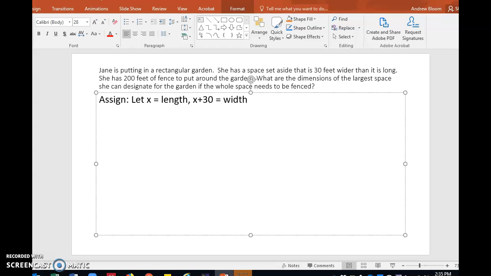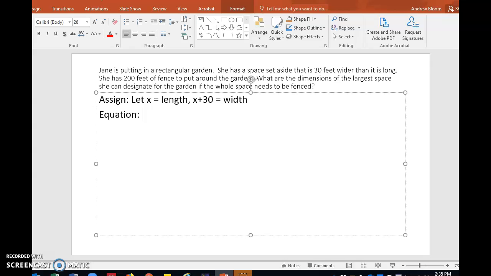Again, as we get started, we want to make sure that we're careful and clear with what we were thinking and what we're doing. The width needs to be the longer of the two values, and by adding 30 to the length, that will give us what we want.